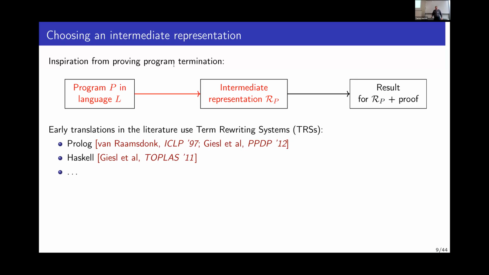So in early translations in the literature, for example, by Femke van Raamsdonk in the late 90s, the idea was take a logic program as input and translate it into a term rewrite system such that termination of the term rewrite system implies termination of the original logic program. So term rewriting system, let's see whether we can work with those.